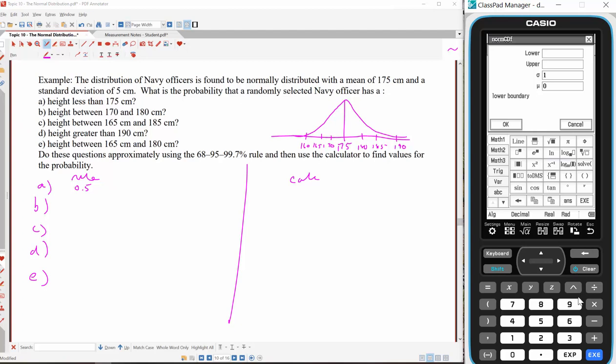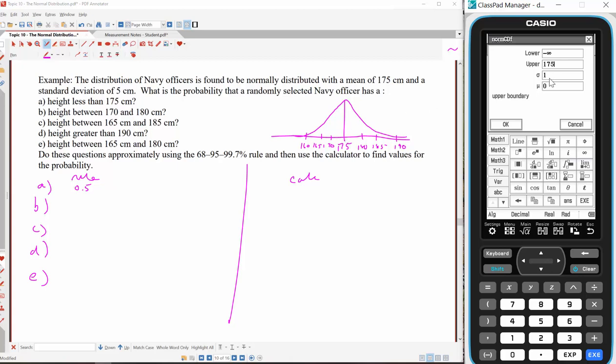So we're going to say that this is negative infinity, which appears in Math 2. There it is. All the way up to the upper value, which is 175. What it does is cumulatively add all the little bits of area together from negative infinity up to 175, thus giving us the area under the curve between negative infinity and 175.